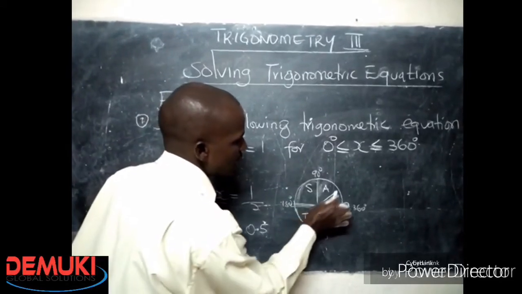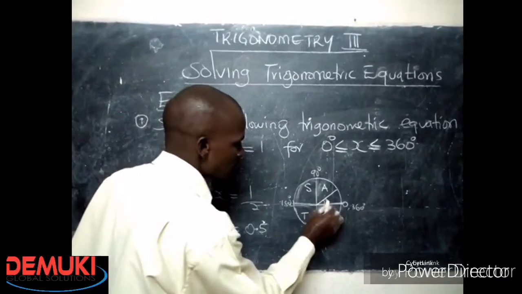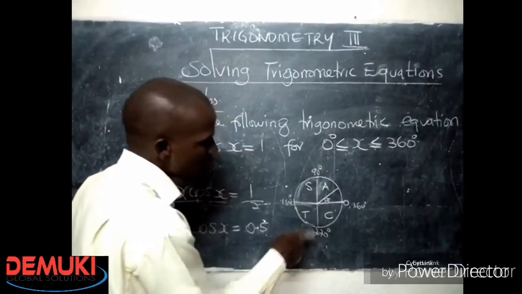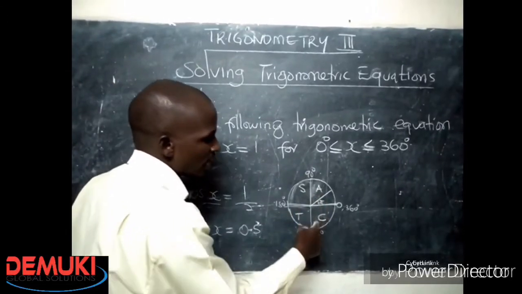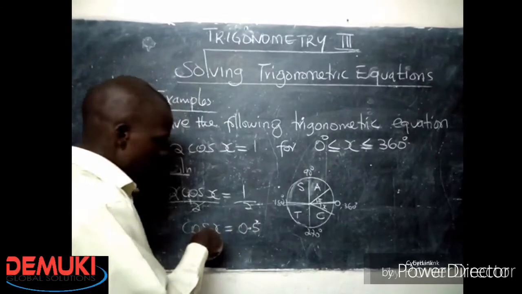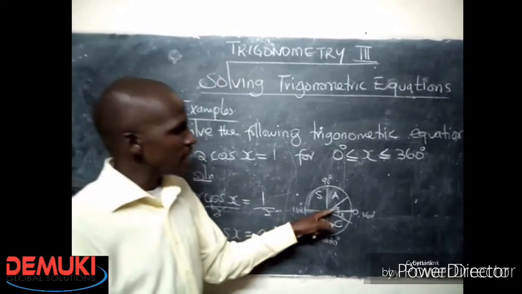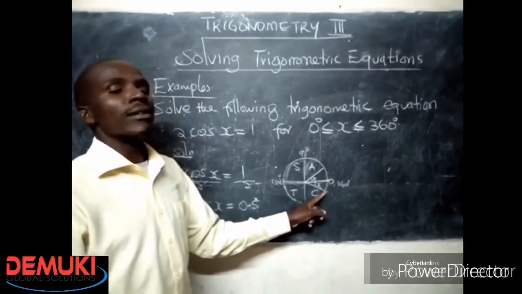We shall place it where cosines are positive. So our x should be in the first or the fourth quadrant because cosines are positive here and here. After I get my value of x, I have to place it here. I will get this angle, and then I'll place it here and get this angle, right?